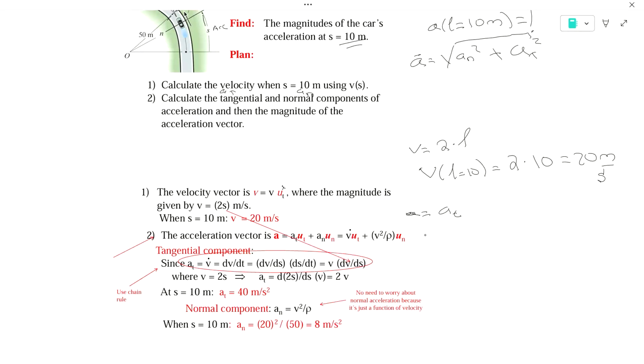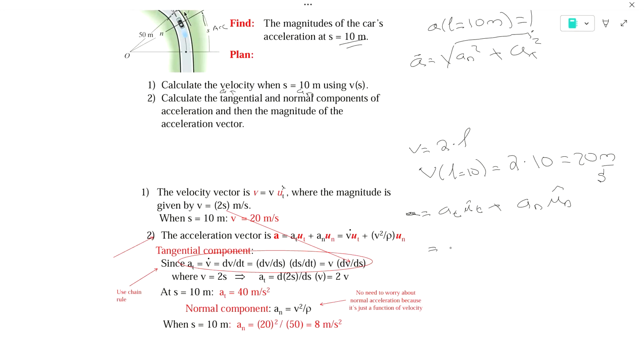But the acceleration vector, which is the question here, is the acceleration tangentially with the unit vector in the tangent direction plus the normal component in the direction of the unit vector normally.